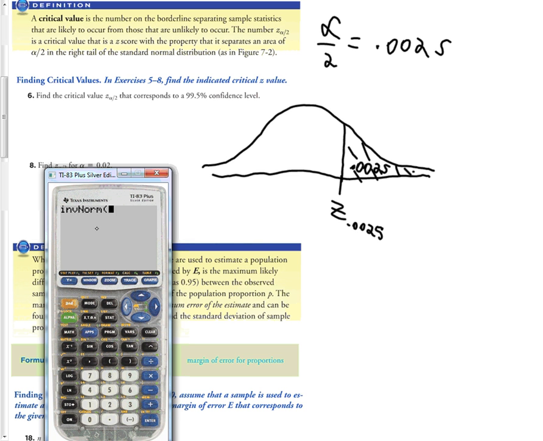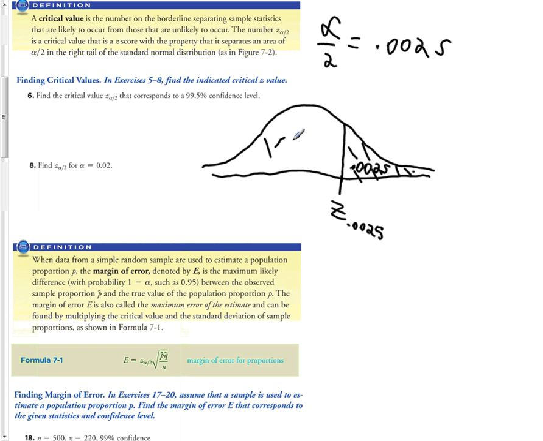This function actually takes the area to the left of the z-score, and it'll give you the correct z-score. But we don't have the area to the left. What we have is the area to the right. So we need to calculate the area to the left. Well, if I have 0.0025 on the right, then on the left I have the complement of that, which is 1 minus 0.0025.